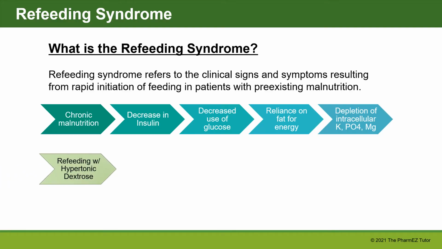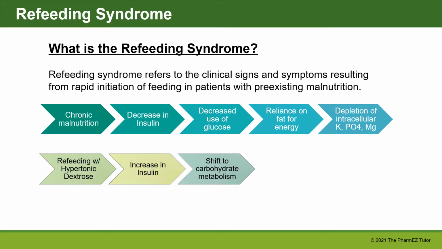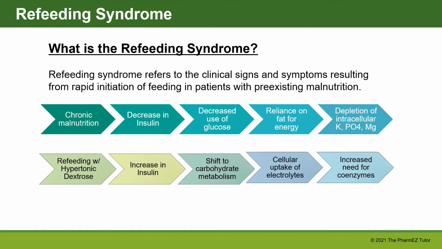Upon refeeding with hypertonic dextrose, these patients see an increase in insulin, a shift to carbohydrate metabolism, cellular uptake of electrolytes, and an increased need for coenzymes.